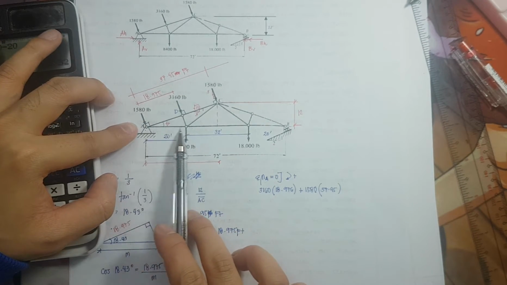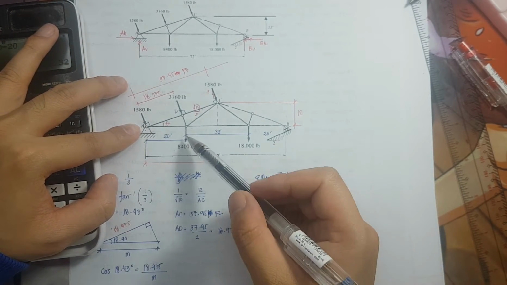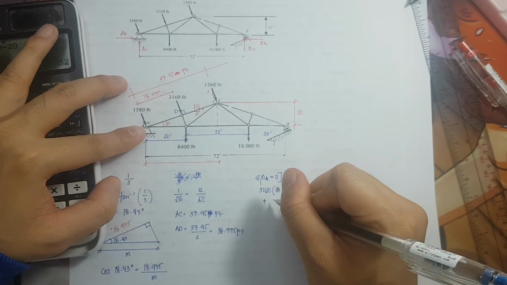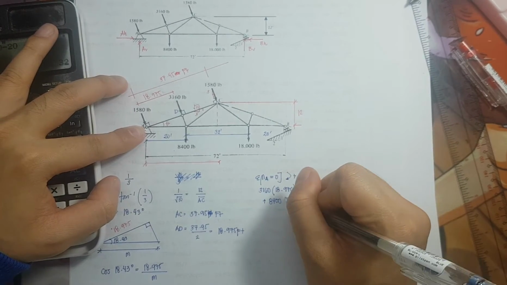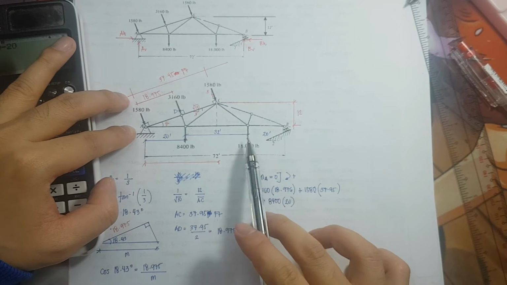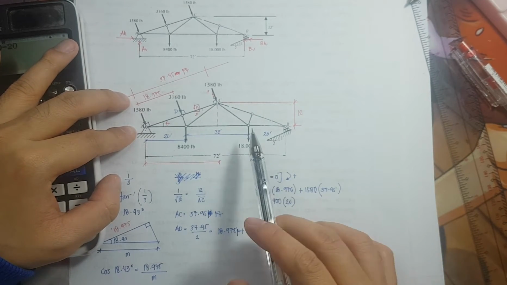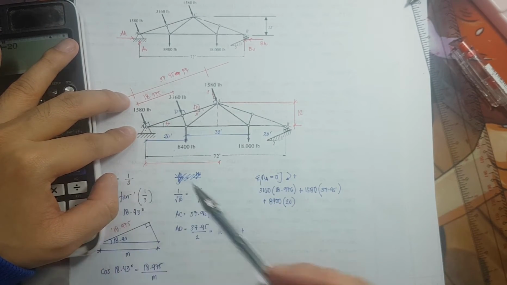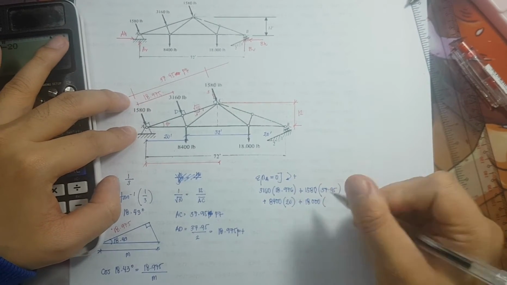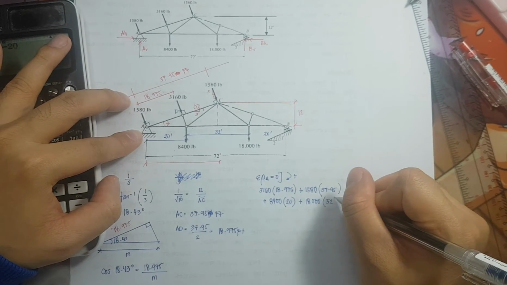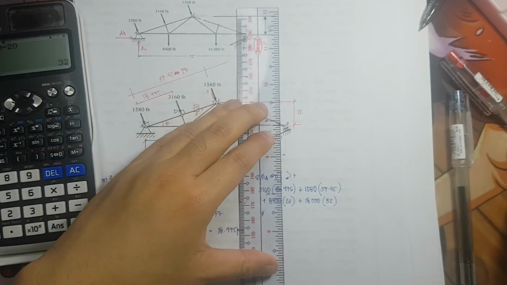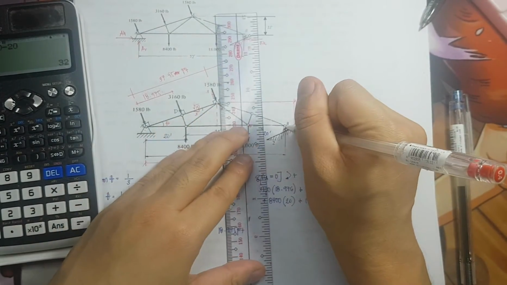Next, we have the 8,400, rotating in a clockwise manner, so again that is plus 8,400 times a lever arm of 20 plus 18,000, again rotating in a clockwise manner, so plus times 52 feet.